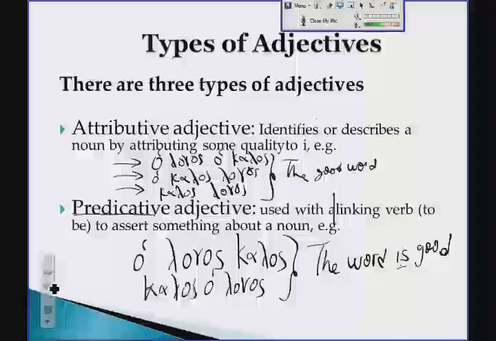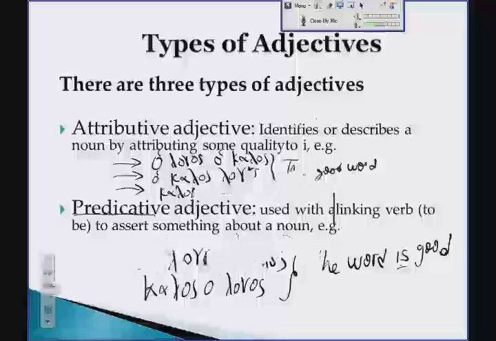Ho logos kalos. So kalos ho logos. But then it's never in between, and also it does not have its own article. Okay? It's not in between, and still it does not have its own article.